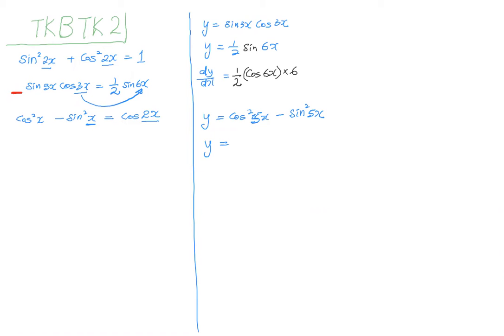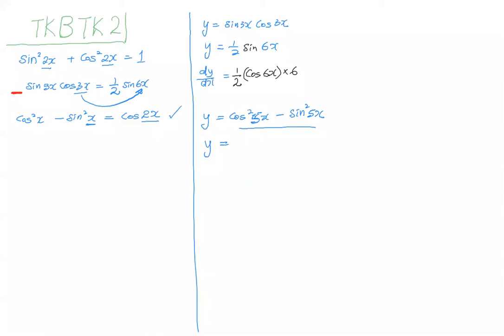How can I simplify this, based on this formula? The double angle formula is there already, it's on the whiteboard.